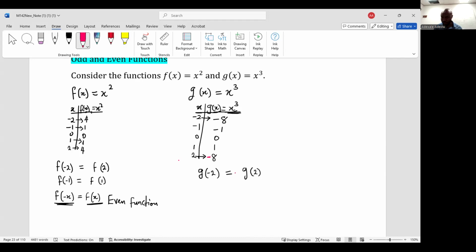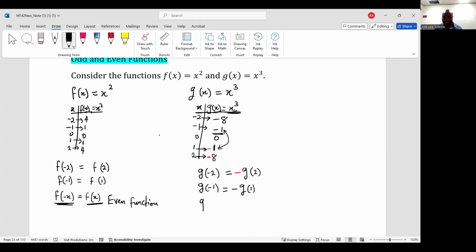So g of -2 is the same thing as negative g of 2. The same thing, look at g of -1, which is -1. But g of 1 is 1. It's not the same. If I want it to be the same, I need to multiply by negative.